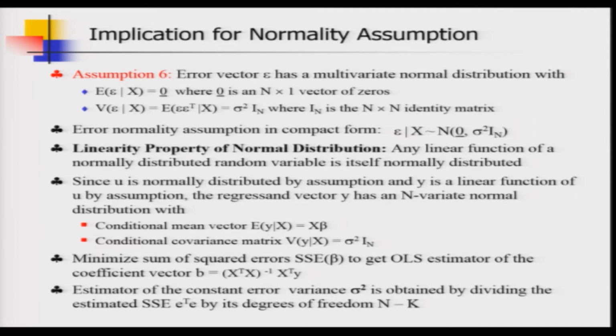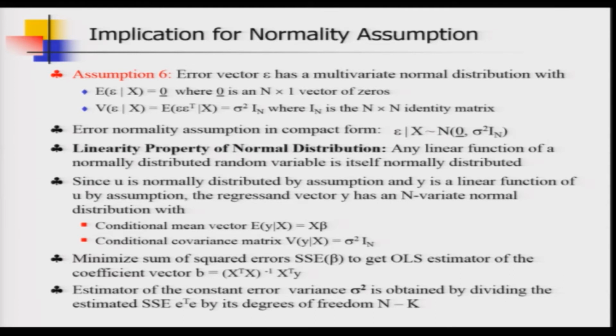So, this 0 is the n cross 1 vector of zeros, and this multivariate normal distribution will have variance given by expected value of epsilon epsilon transpose, or epsilon epsilon prime, given the data matrix X, and that will finally take the form of sigma square times I n, where sigma square is the constant variance and I n is the n cross n identity matrix.